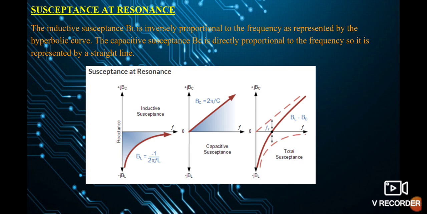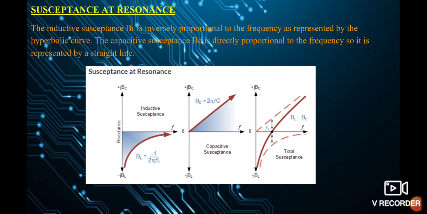And when we are plotting capacitive susceptance BC equals 2 pi FC, that is when we are plotting JBC versus frequency graph, we will get a straight line passing through the origin, because here BC is directly proportional to the frequency, that is a straight line equivalent to y equals mx.